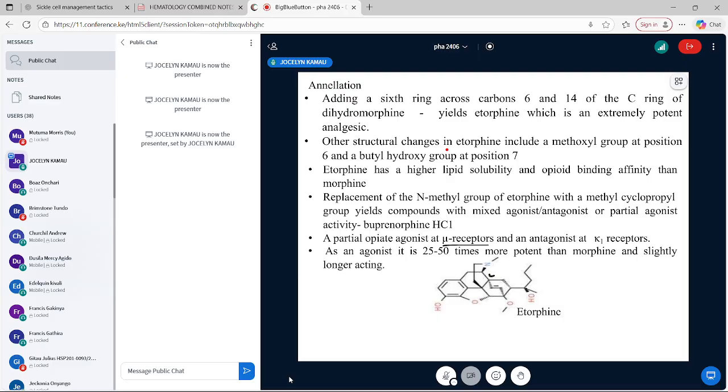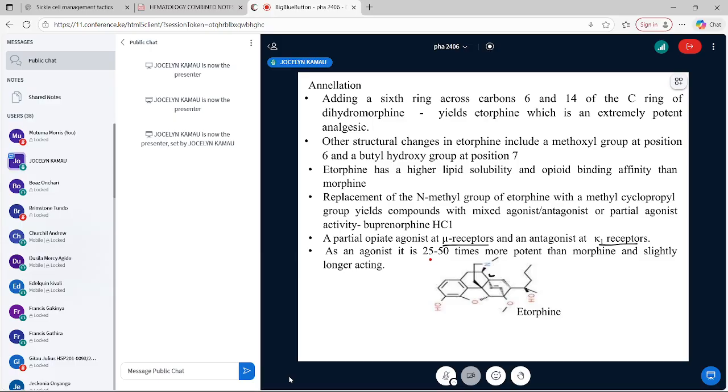That's why we call it a partial agonist, because it will excite the receptors to a certain extent and then stop exciting them. And therefore, it looks like on the mu receptor, it has both agonist and antagonist activity, but it also has antagonist activity at the kappa receptors.